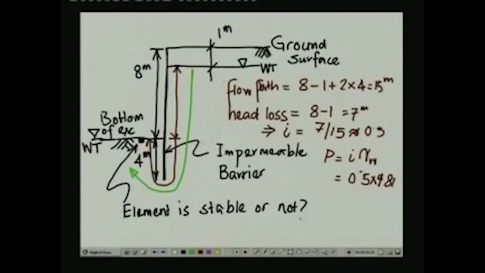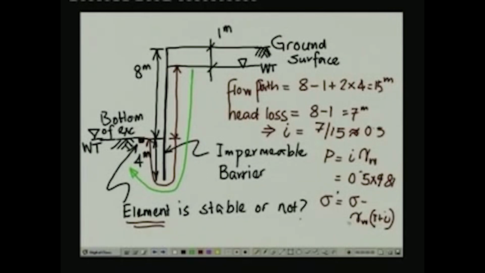Now the effective stress of the element that we are considering, this element, is going to be sigma prime is equal to the total stress minus the pore water pressure, and in this case the pore water pressure is going to be equal to gamma w times 1 plus i.